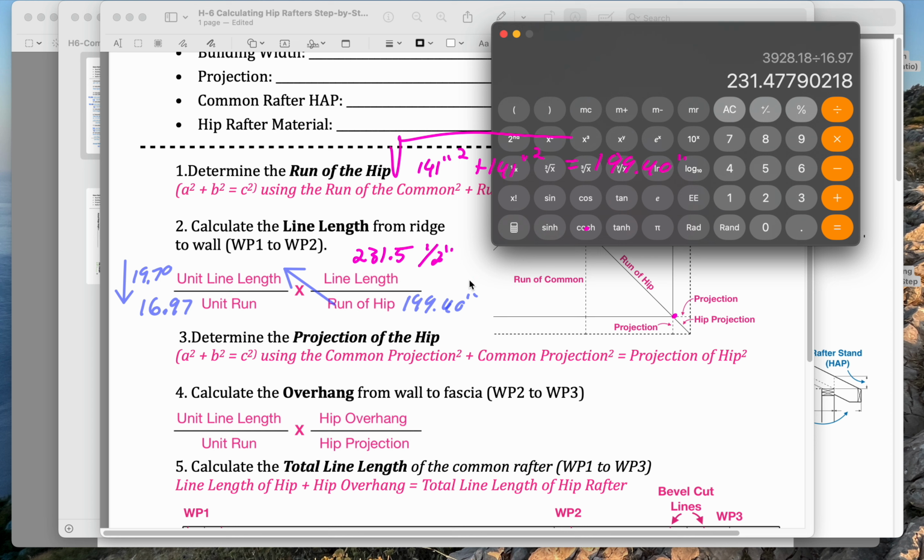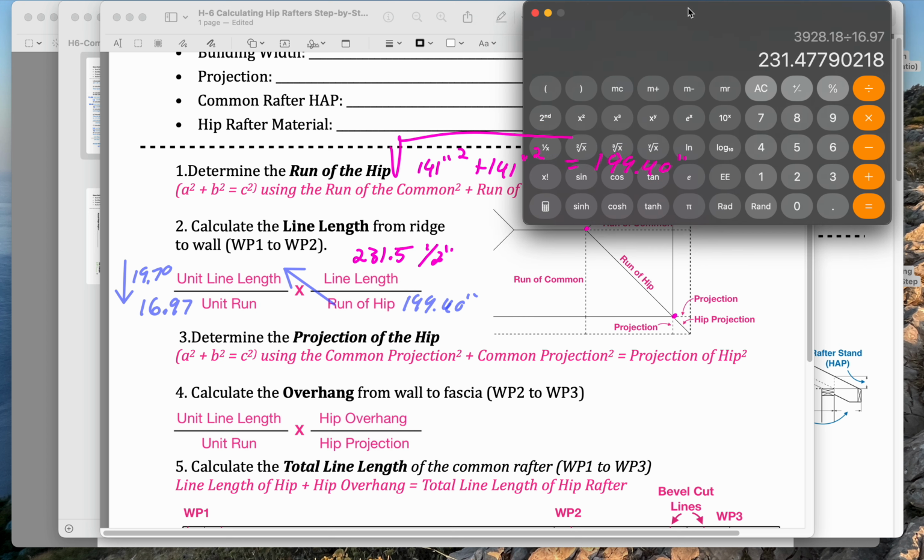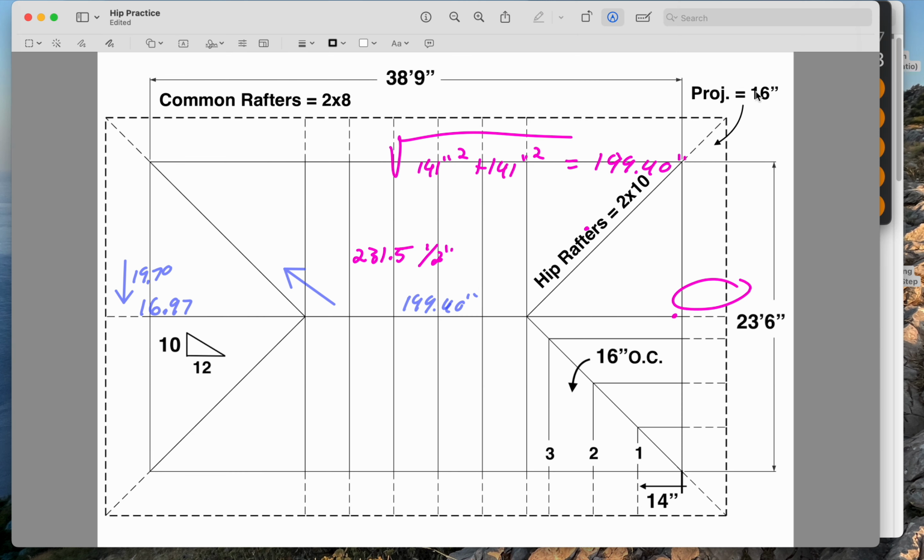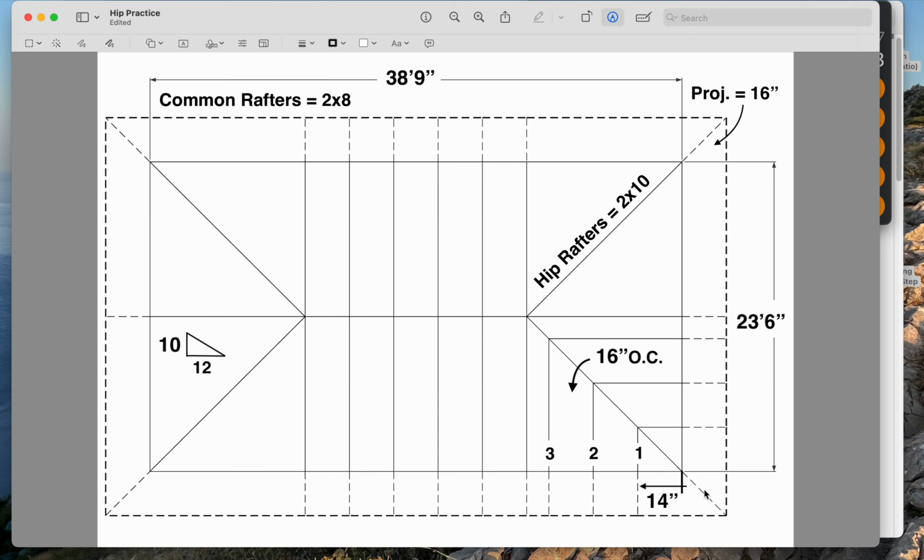Okay. Now we want to determine the projection of the hip. So similarly, we have to take the projection and we have to square it. So our projection for this roof, if I go back, is 16 inches. So what we want to do is we want to take 16 inches squared plus 16 inches squared and figure out the hypotenuse of that.